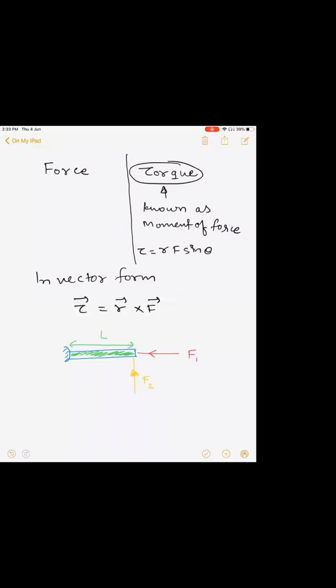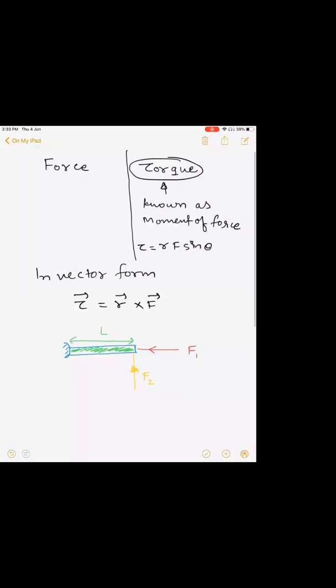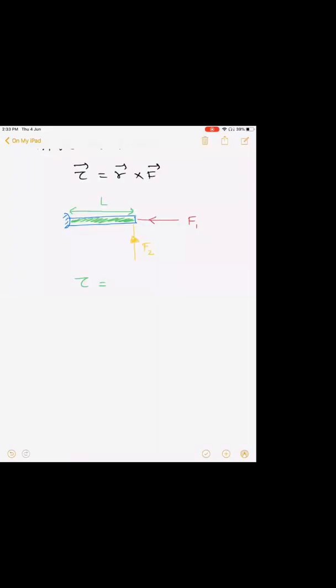So torque is that physical quantity which can make any body rotate, right? So F1 is not able to rotate this rod, but F2 is able to rotate. So torque generated due to F2 is given by F2 into L. Now what is L?